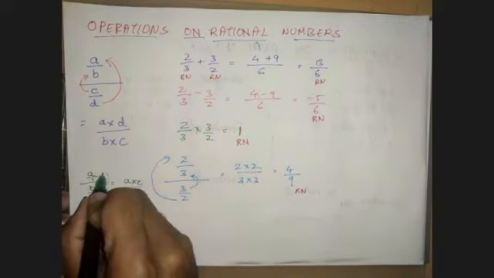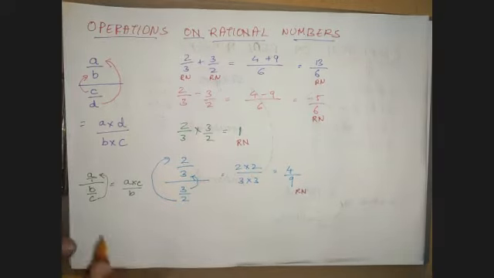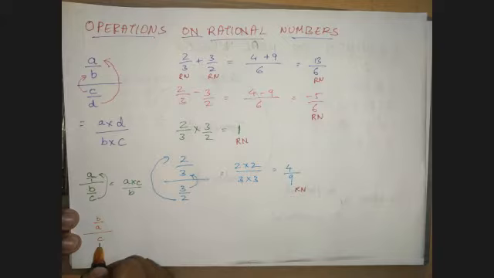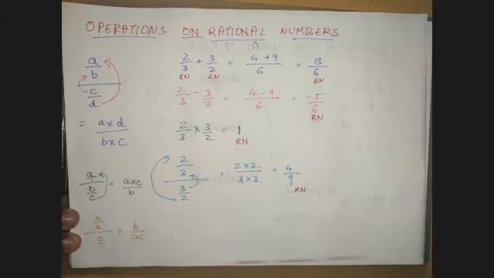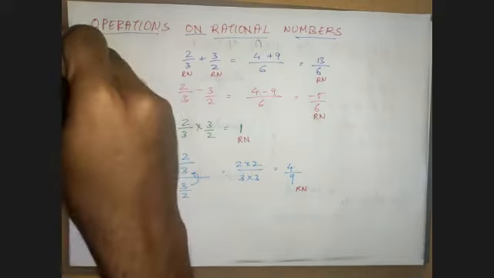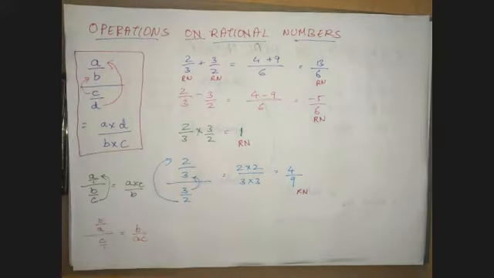Say they have given a by b whole divided by c. Then this denominator is 1, so this goes to the numerator and just multiplies out here. So this would be b by ac. So I believe you would not get confused with this part of the division. The denominator always goes to the numerator.